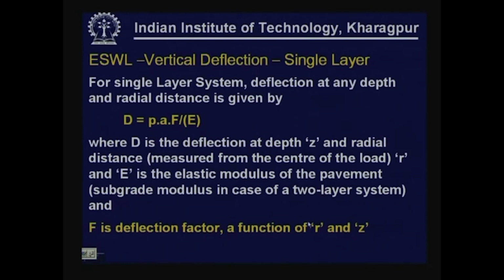R is the radial distance from the center of the load, Z is measured from the pavement surface.